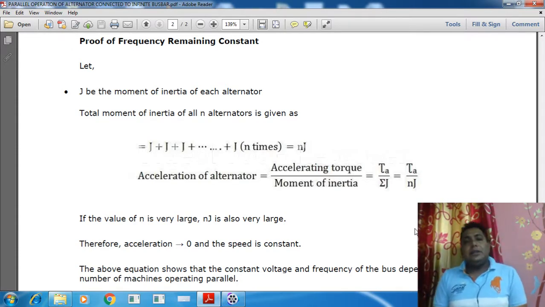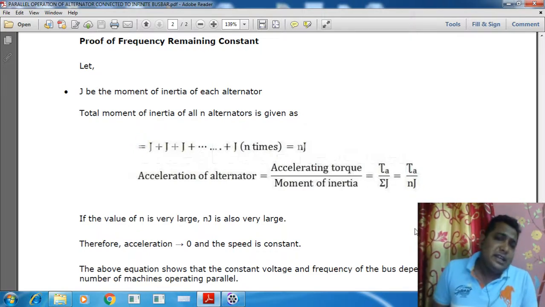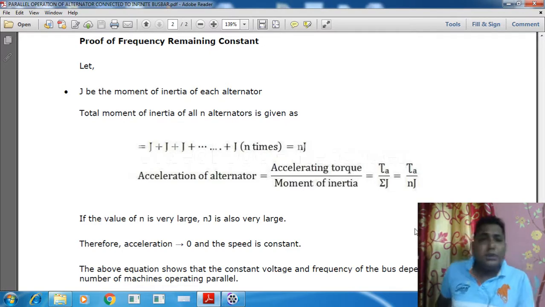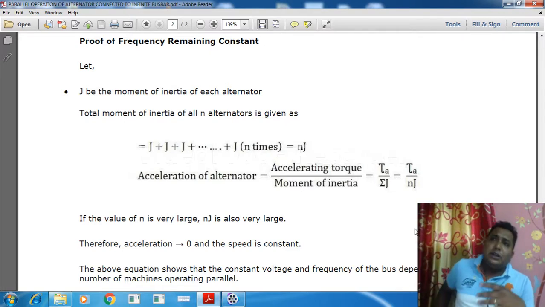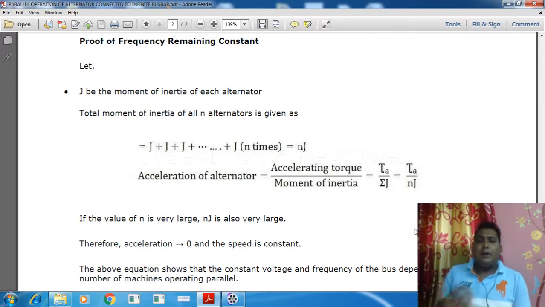I am going to tell you that there is one alternator, a second, a third, and like this n numbers of alternators, and each has some moment of inertia. If we want to accelerate the alternators, we take the accelerating torque divided by the moment of inertia.